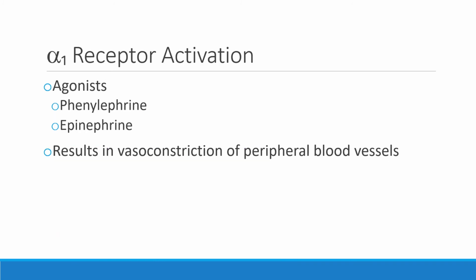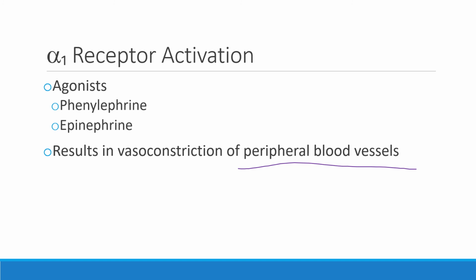All right, alpha receptor activation. When we're looking at these agonists, things that will agonize or cause the effect would be phenylephrine and epinephrine, these two. They will result in vasoconstriction of the peripheral blood vessels, vasoconstriction of the blood vessels in your fingers and toes, right? This will also include blood vessels in the airway as well as like the trachea, right?